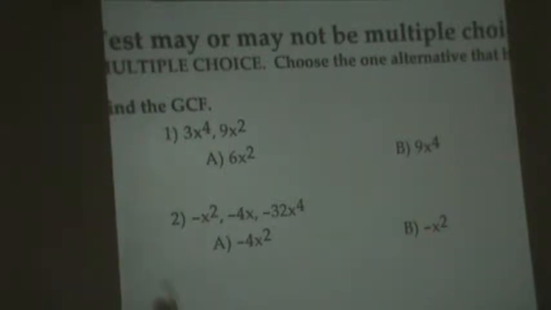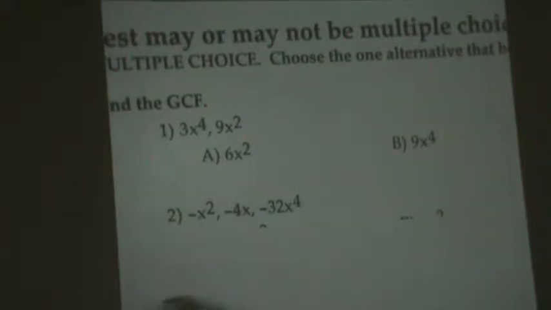You could do the negative because they all have negatives. If you miss that part and it's not multiple choice, that's all right. You could get a negative x out or negative 1 out. And what's the x to the what? Just x. The smallest one is 1. So just negative x, the biggest thing you could factor out.